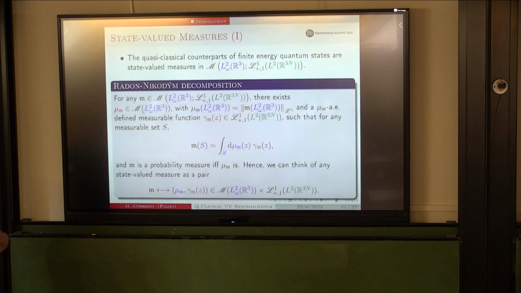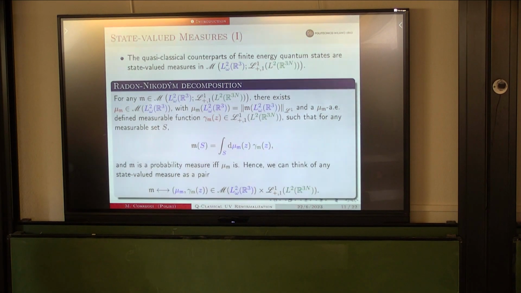So a scalar measure, a measure over L2 omega with values in real numbers, such that the measure of the full space is the total mass of the original vector measure. But you also have a Radon-Nikodym derivative, a trace class operator valued function, such that when you compute the vector measure of a given measurable set, you integrate this function over the scalar measure. And this provides you with the trace class operator, as it should, of course.